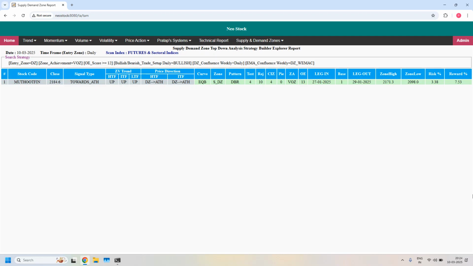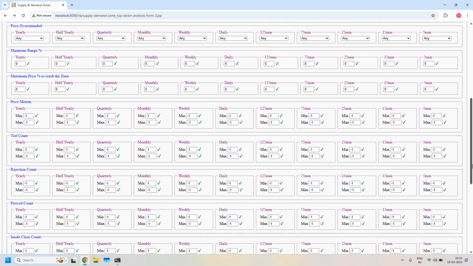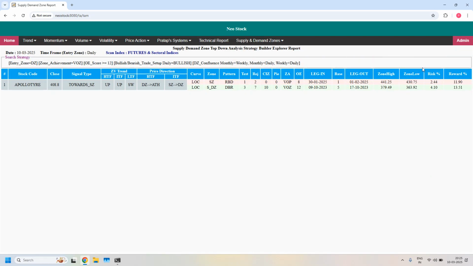Okay, the next filter is based on LTF, ITF, HTF demand zone confluence. I am removing the EMA filter. So in the demand zone confluence, I have to add 3 filters: daily with weekly, daily with monthly, and weekly with monthly demand zone confluence. With all the 3 filters, we got only 1 stock.